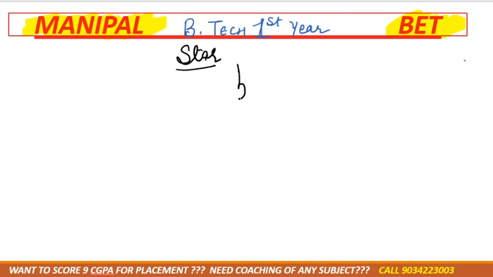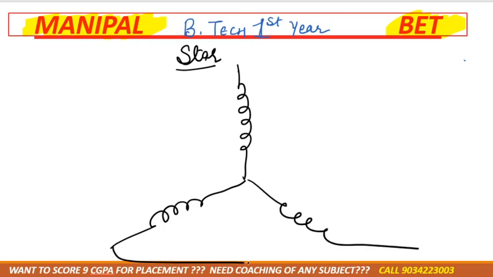Star connection is like this. We'll have windings and we'll have three wires.